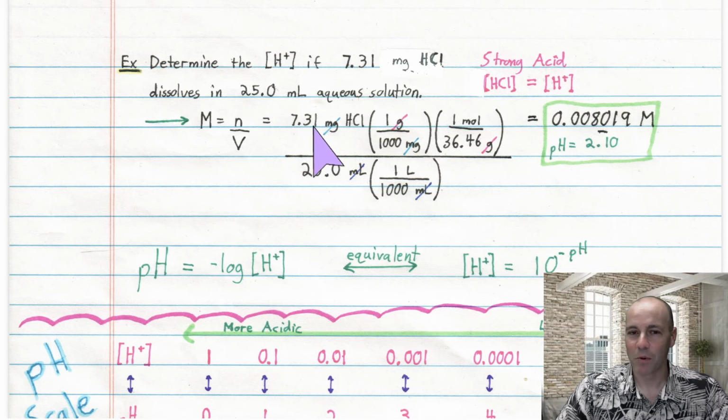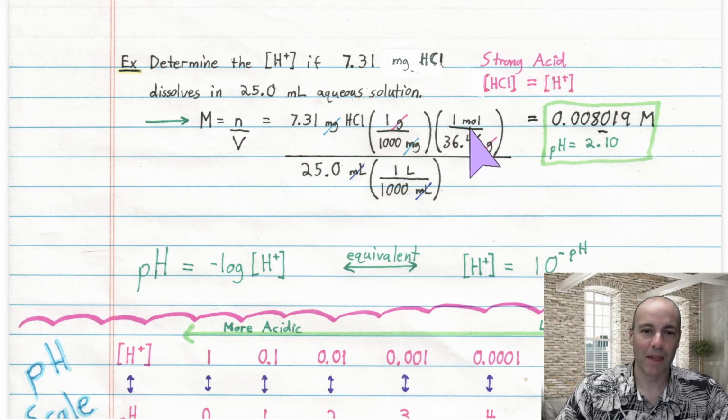So you take that 7.31 milligrams of HCl, convert milligrams to grams, and then convert grams to moles. 1 mole of HCl is 36.46 grams. Now, I'll remind you how to get that molar mass for HCl.